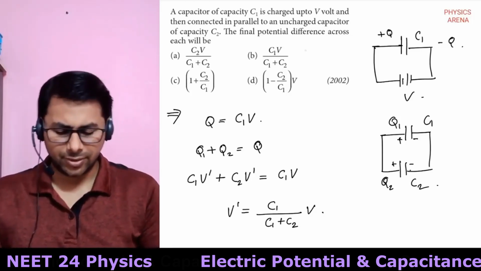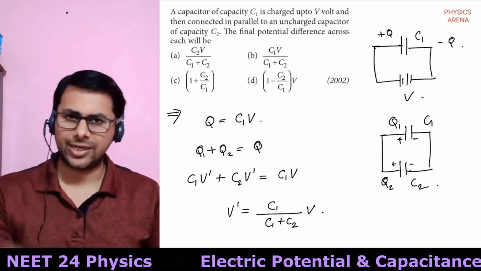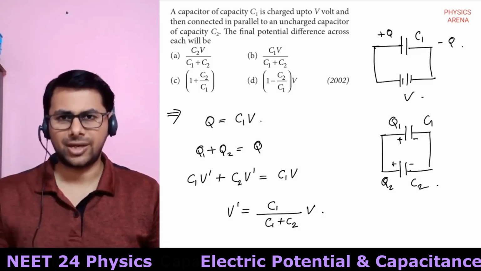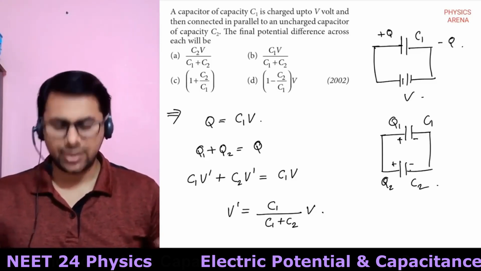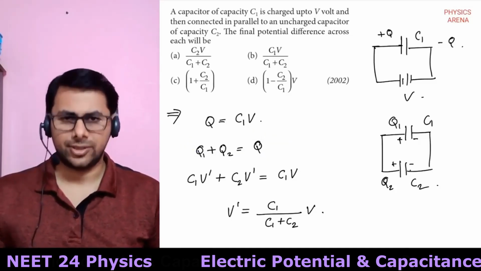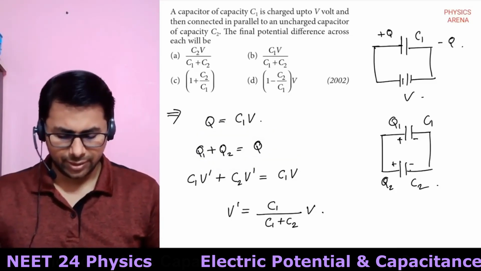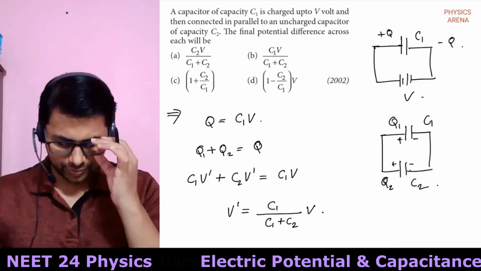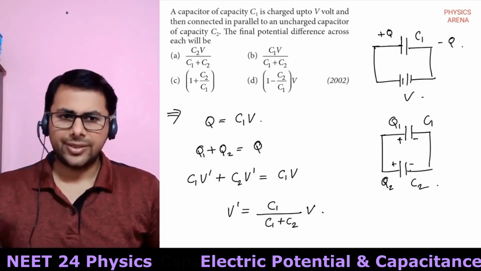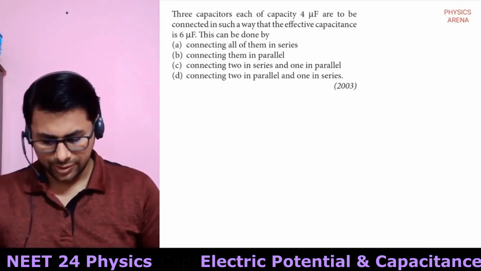You have one charged capacitor, you remove the battery, connect another uncharged capacitor. So the key thing is this, charge remains constant. If you remember this, then you can find it out. This thing is clear? Okay, good. Let's see next one.